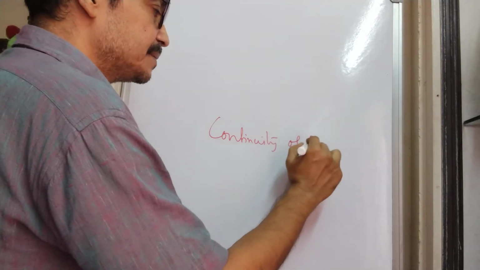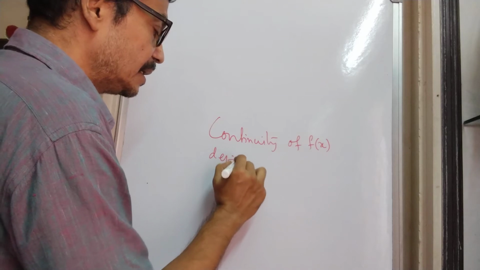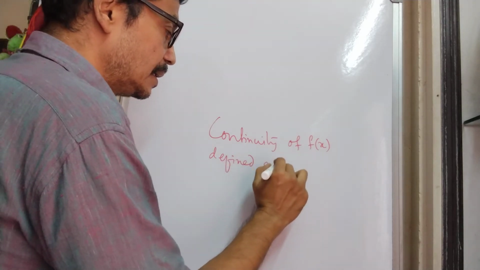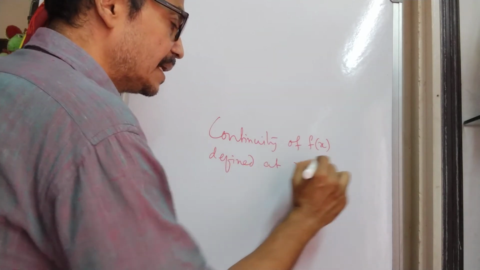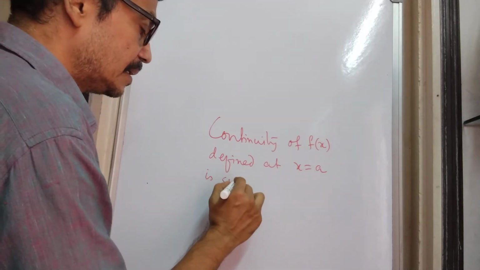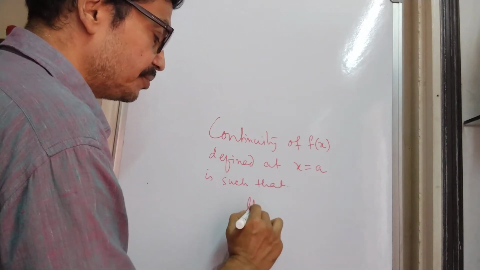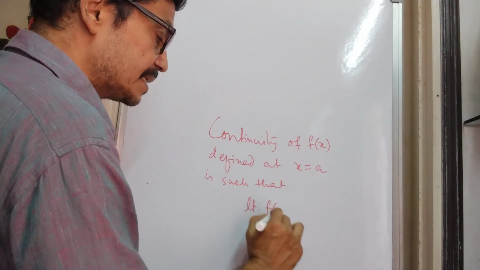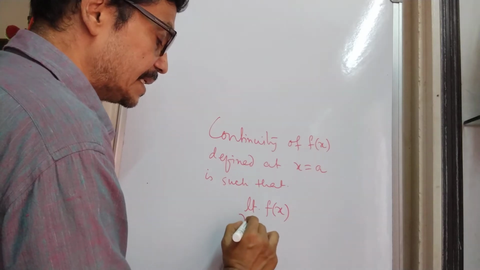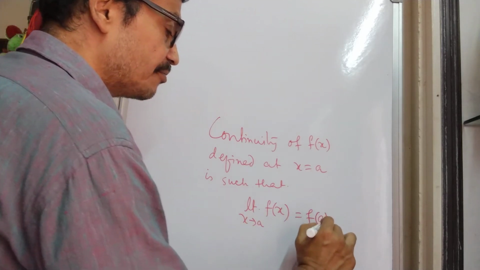Continuity of f(x) defined at x equal to a is such that we must have limit of f(x) as x tends to a becomes equal to f(a) only.